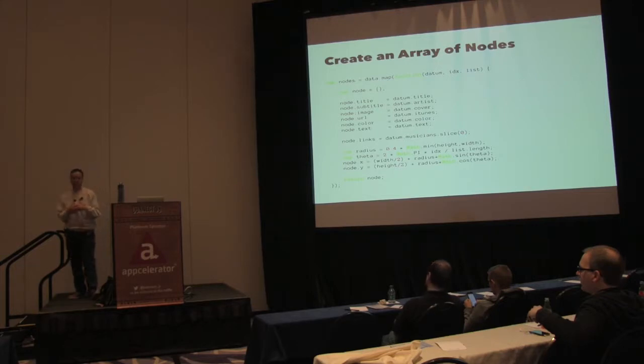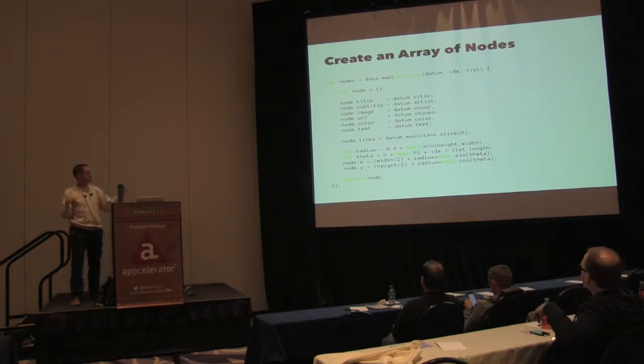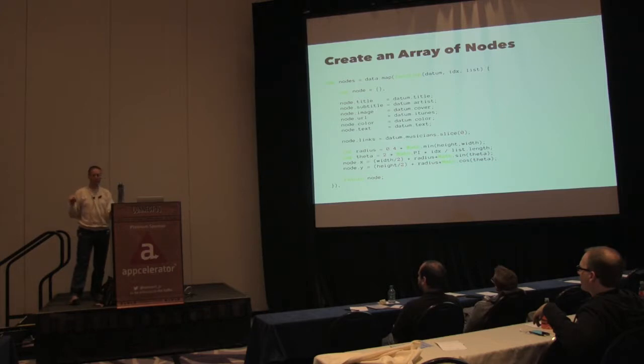And since we don't have thousands of nodes, we're just dealing with 25 in this case, a convenient way to lay them out initially is to just put them in a circle around the region. So in the bottom section of this code block, we're going to calculate where we would put these nodes in a circle in the container.